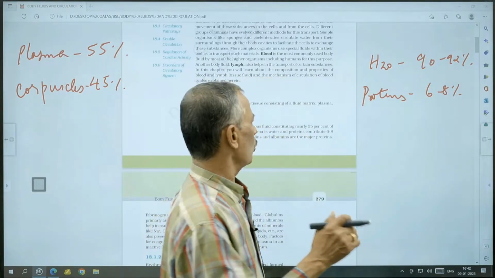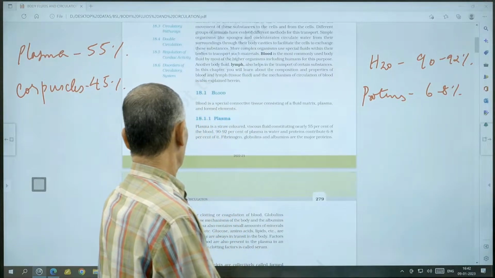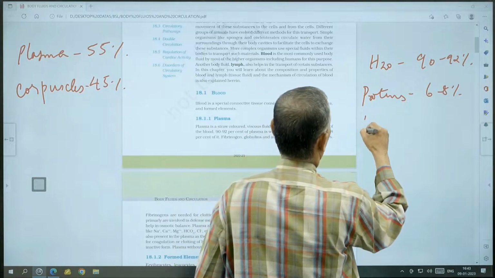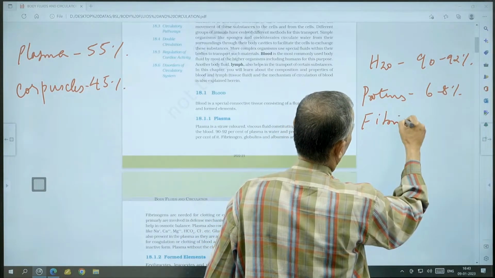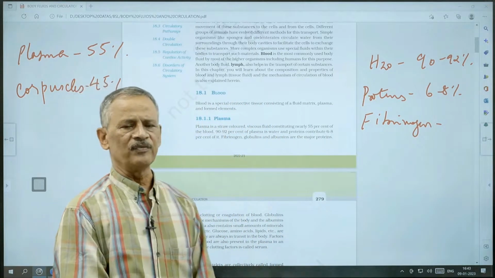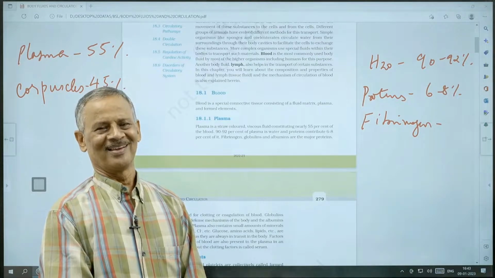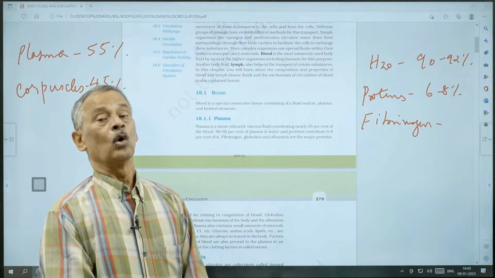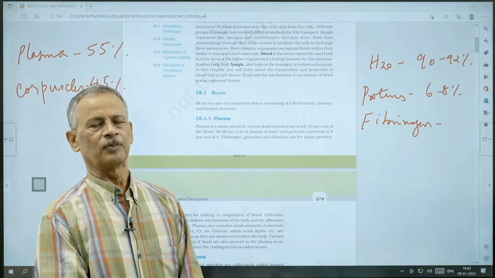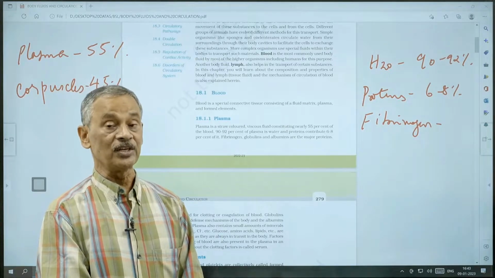So water holding ability is mainly due to albumin. Then fibrinogen. Fibrinogen is concerned with defense of the blood vascular system. It prevents the excess loss of blood from our body. It prevents bleeding by facilitating clotting.